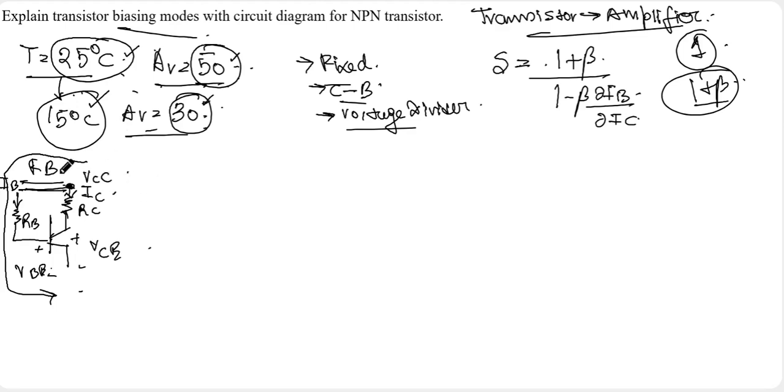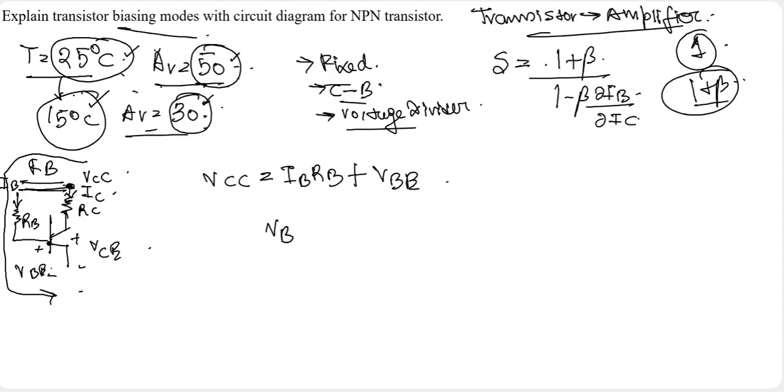So if we apply KVL along this side, we will be getting VCC equals IB into RB, where IB is the current and RB is the resistor, plus the voltage at this point, which is VBE, and it can also be written as VB only.